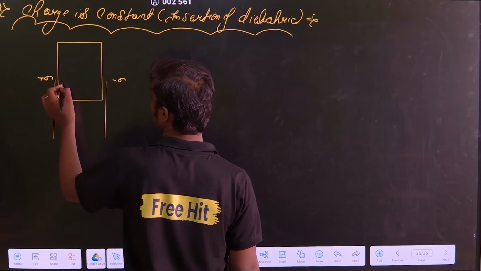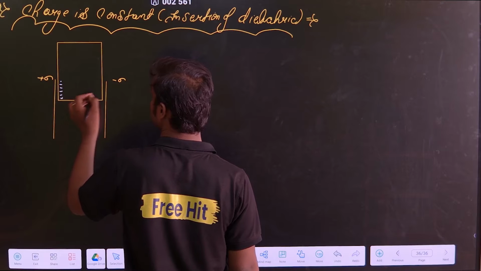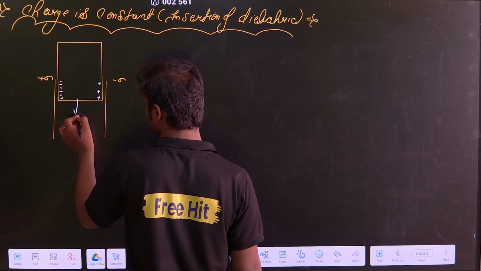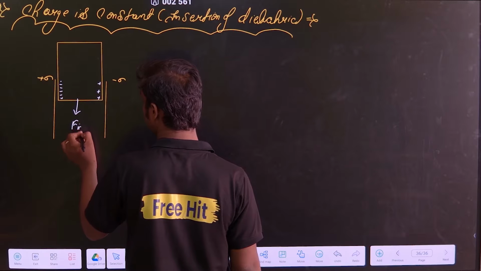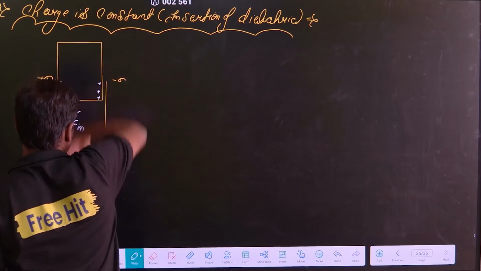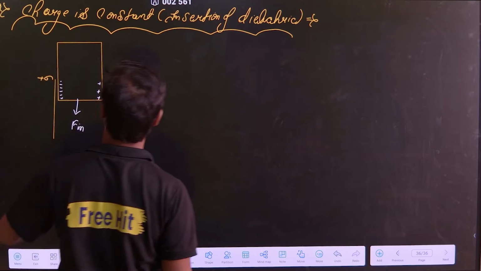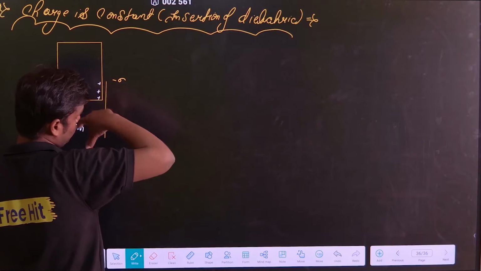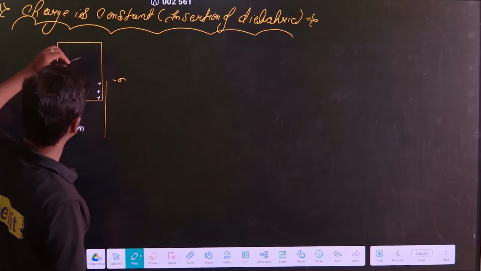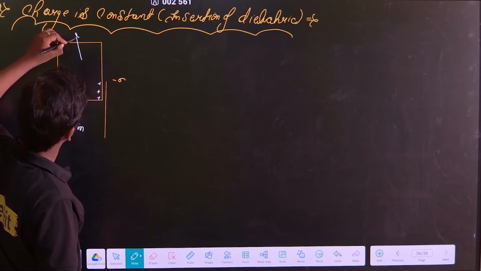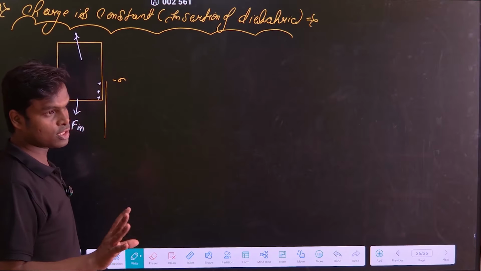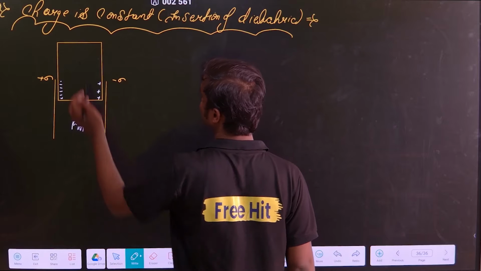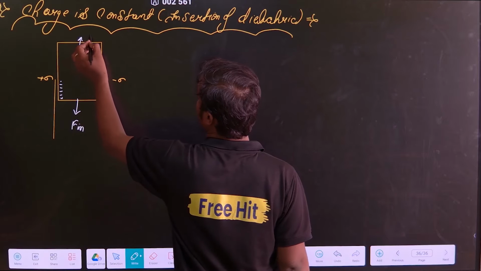There will be some charge induced on this surface, due to which there will be an internal force trying to act in this direction, but I want to do this process very slowly, so we have to apply an external force. So we have to apply an F external here.